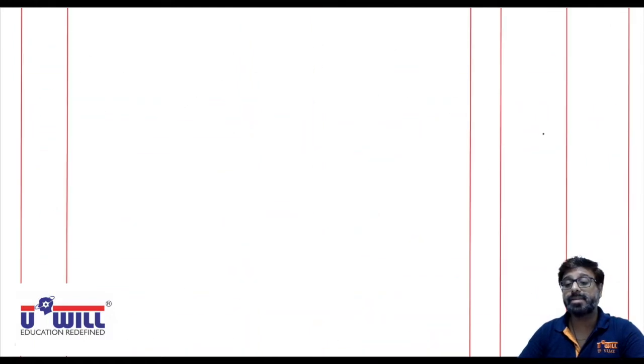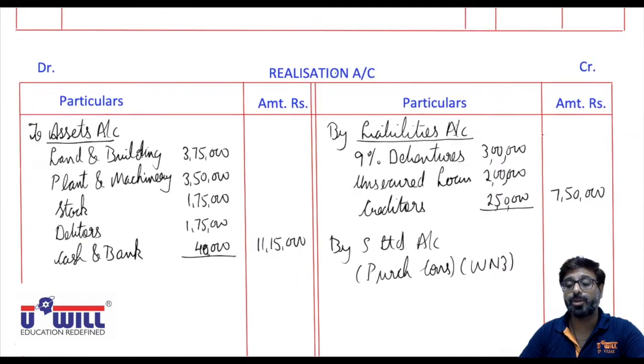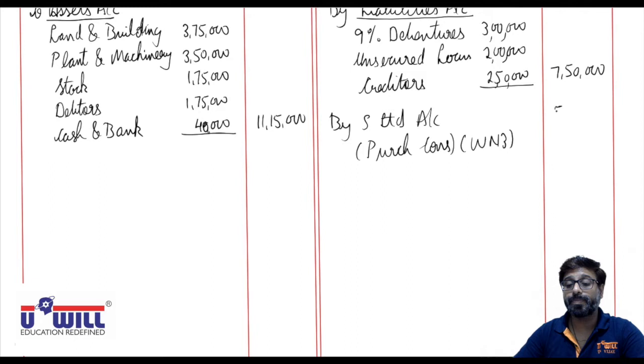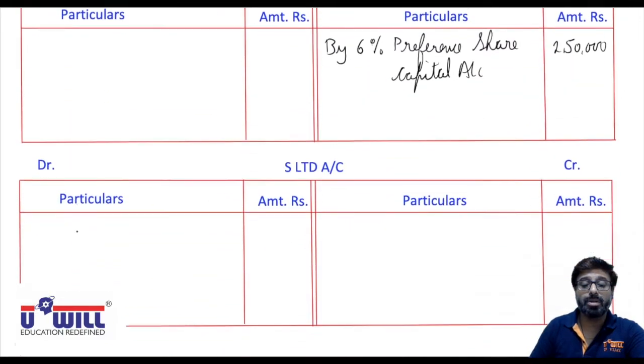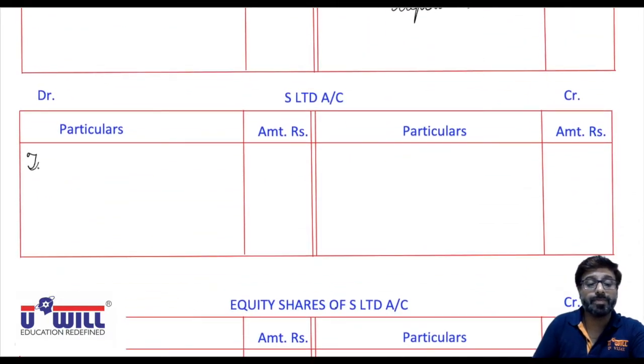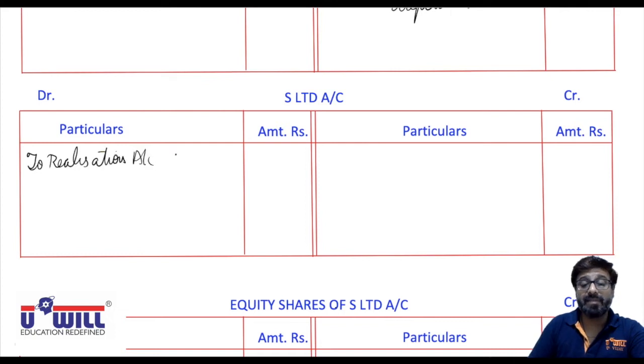What amount do we get? 523,750. And opposite side in S Limited account to realization account 523,750.